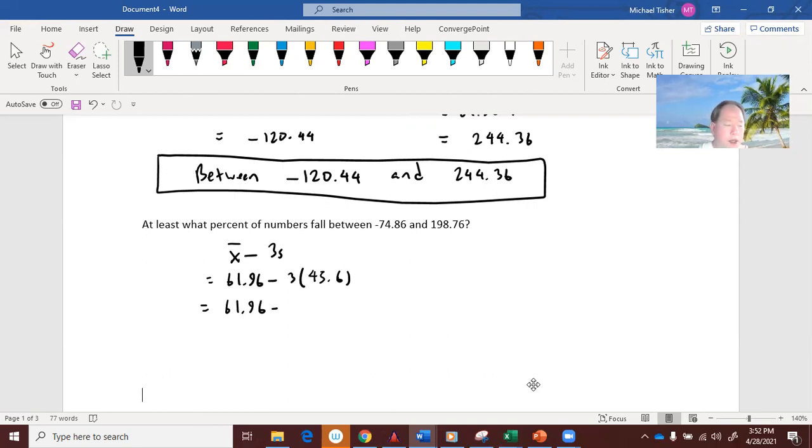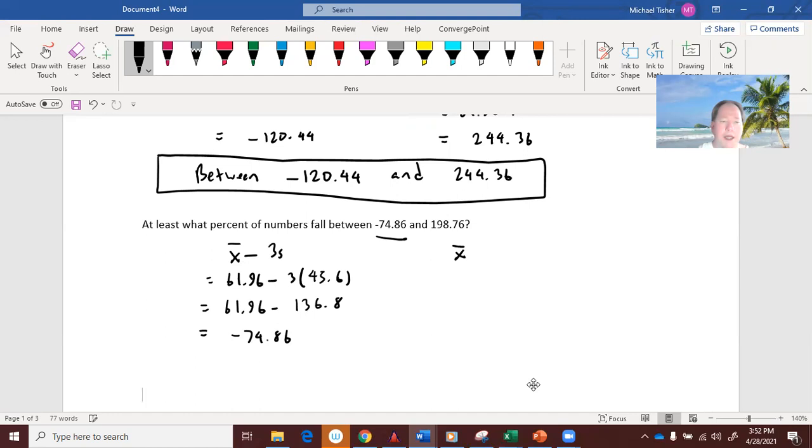That's going to be 136.8. All right, and do the math, we have a negative 74.86, which is what we wanted. Okay, but now let's hope that we also get 198.76.